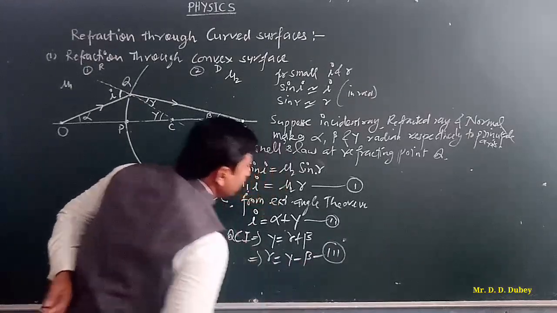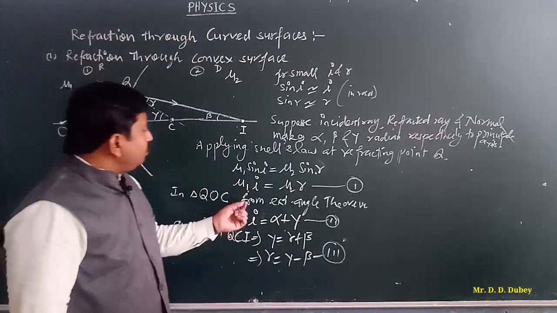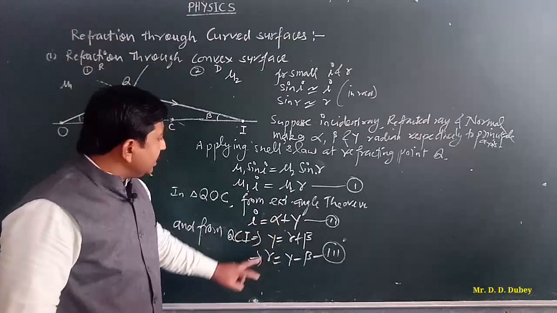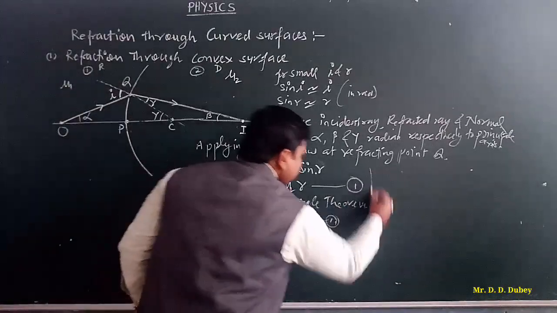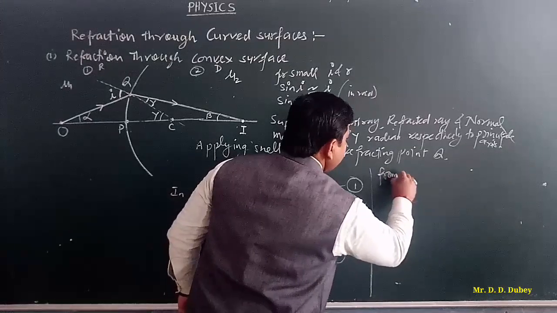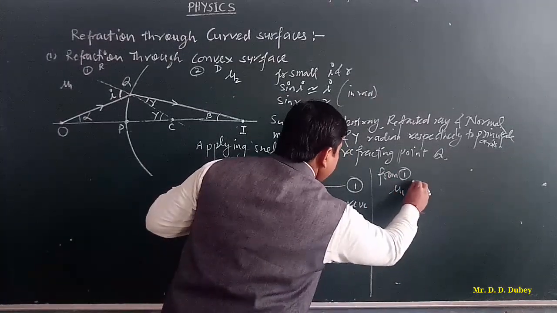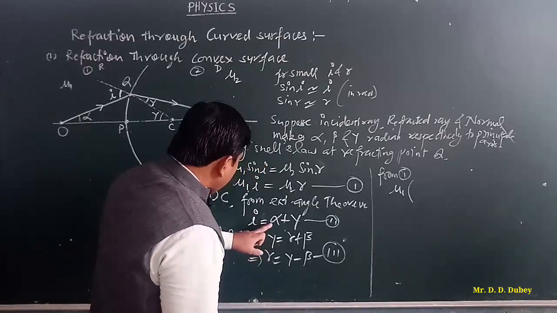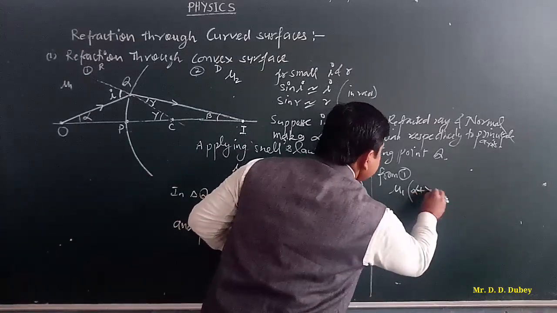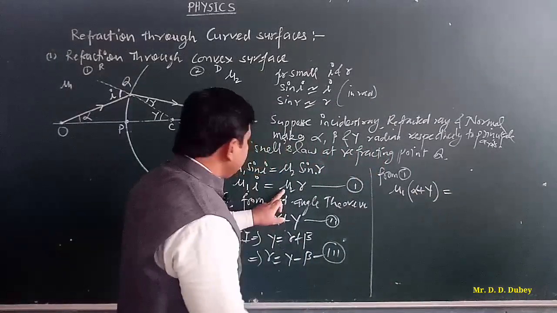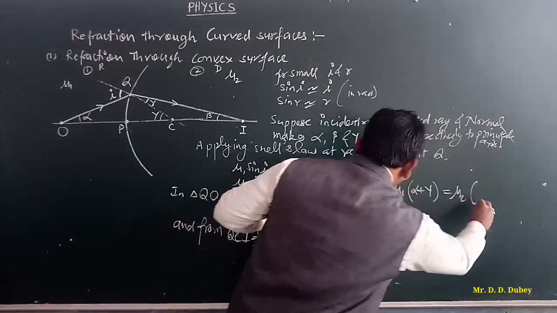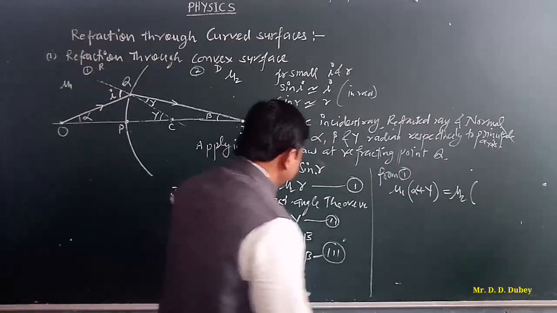This is the third. So if we put the values of I and R from second and third into first, we get mu1 into alpha plus gamma is equal to mu2 into gamma minus beta.